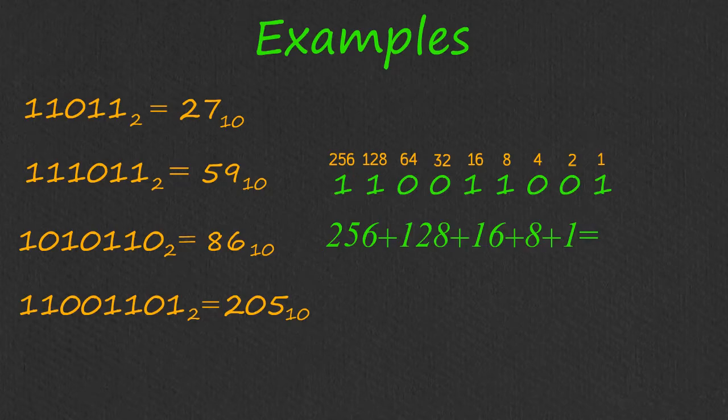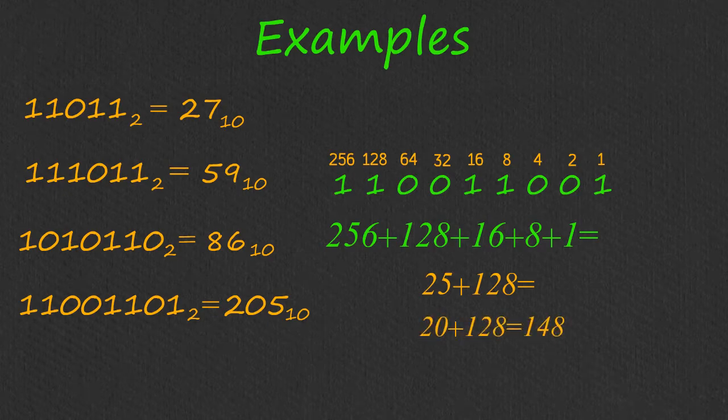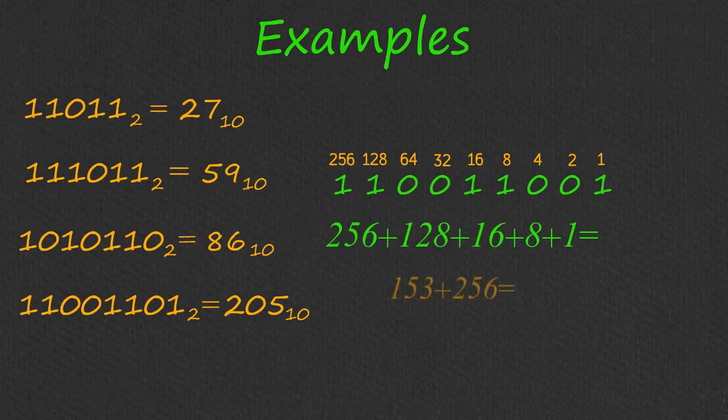I will still add 2 numbers at a time, which is easier to do. 8 and 1 makes 9, then adding 16 to this will make 25. Then, when adding 25 and 128, I first add 20 to 128 to get 148, then add 5 to it to get 153. And finally, we can add up 153 and 256.